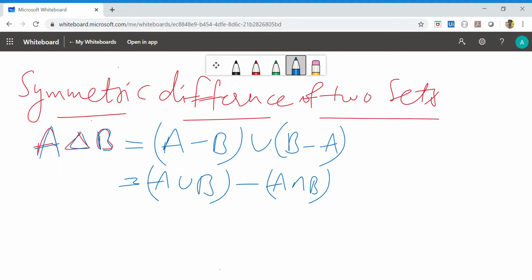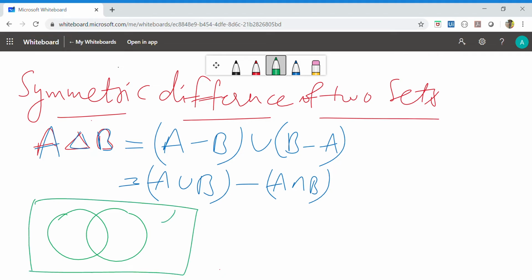That means, for example, if you draw the Venn diagram for this, A is one circle and B is one circle. Those are representing the sets, mu the universal set, A, B. Next, A minus B means you have to represent in the set A only, and B minus A in set B only.